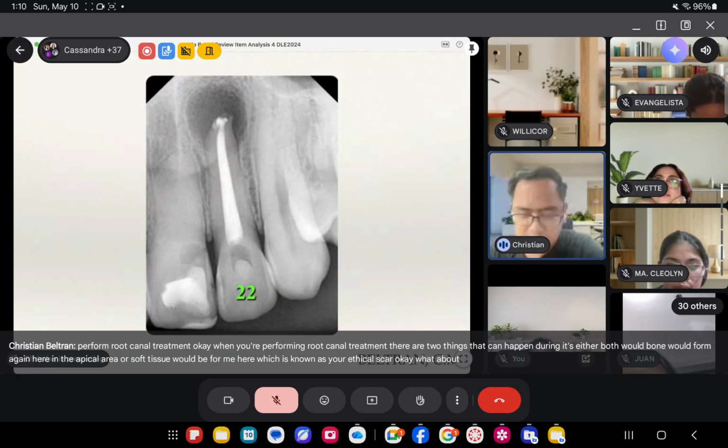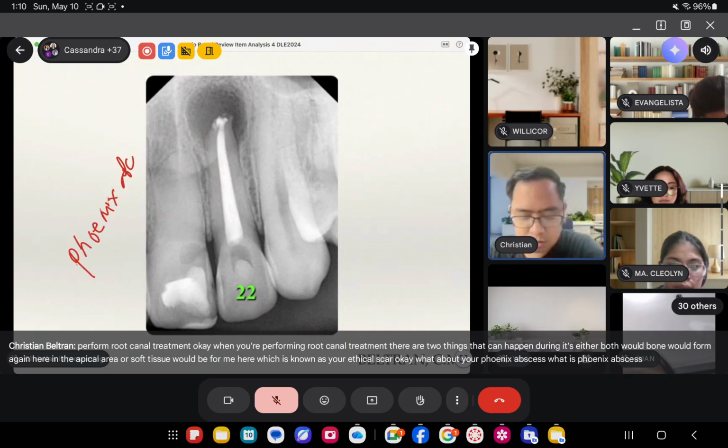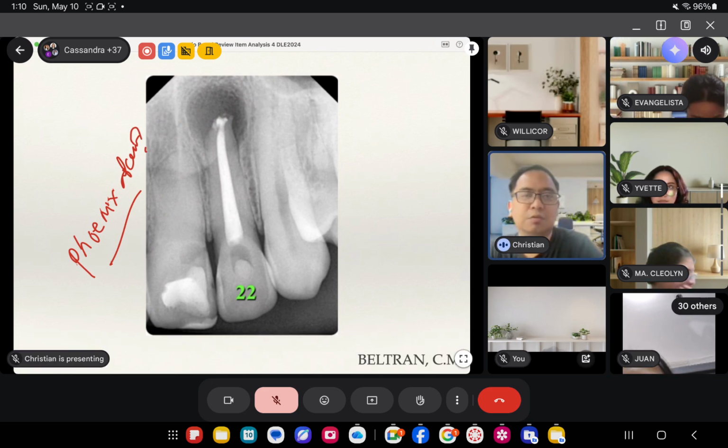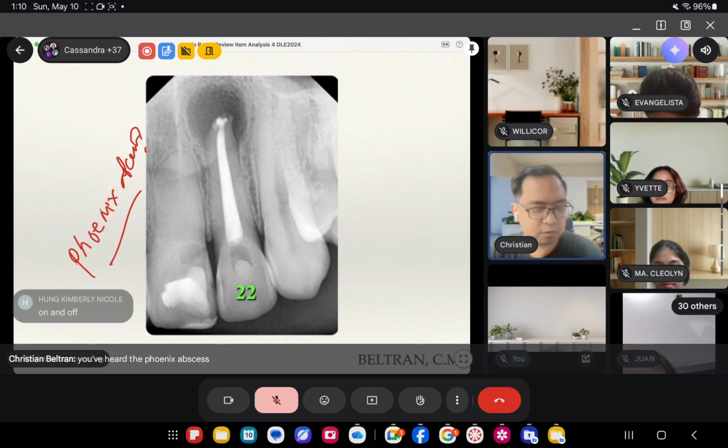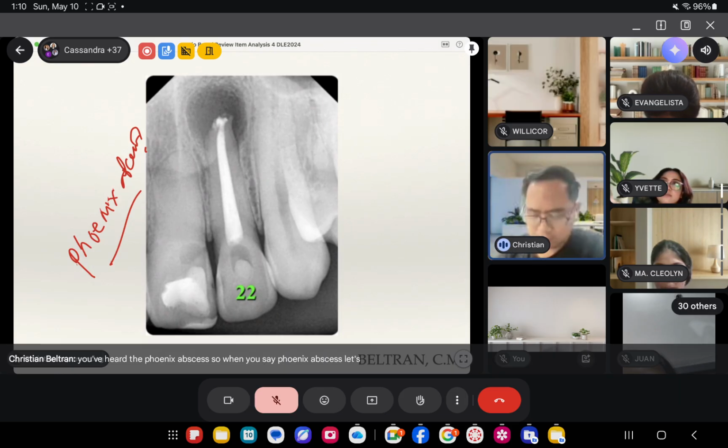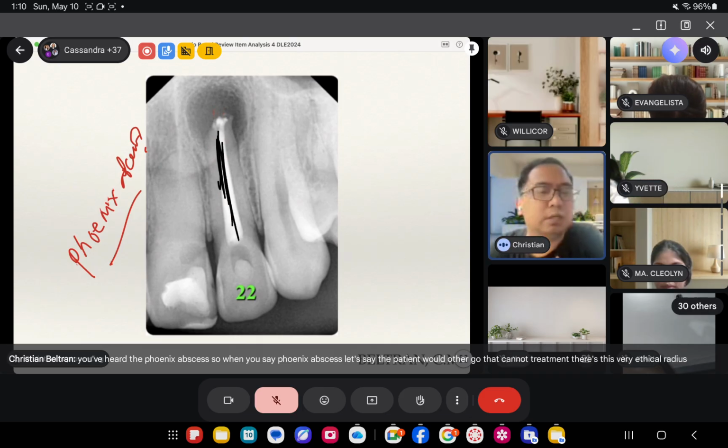Okay. What about your phoenix abscess? What is phoenix abscess? I'm sure you've heard of phoenix abscess. So when you say phoenix abscess, let's say the patient would undergo root canal treatment. There's this periapical radiolucency here.